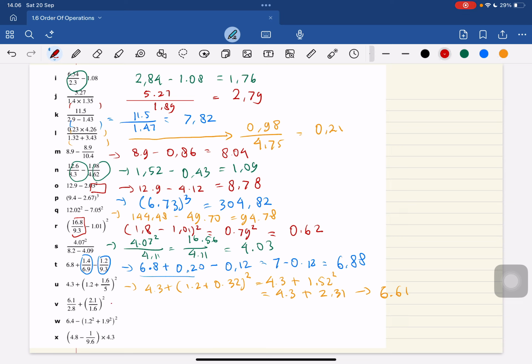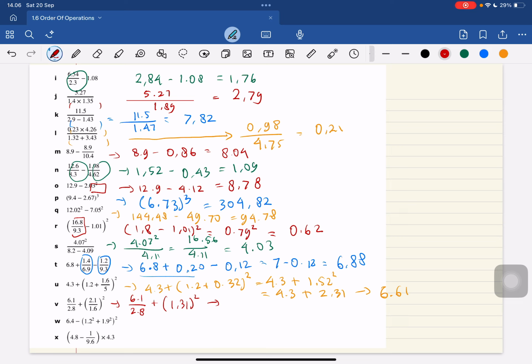Next, okay, we got the bracket. So we can keep it 6.1 over 2.8. Finish the bracket. 2.1 divided by 1.6 will give us the answer of 1.31, and we make it square.